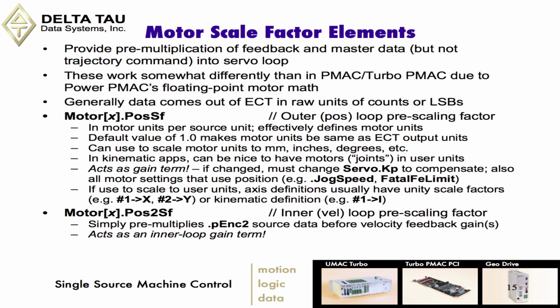These work a bit differently than they do in a Turbo PMAC, because with Power PMAC's floating point math, there's a little bit more flexibility in how you would use these. So there's the Motor[x].PosSf, the position scale factor. This scales the outer loop in motor units per source unit.